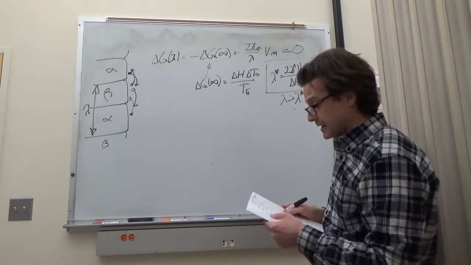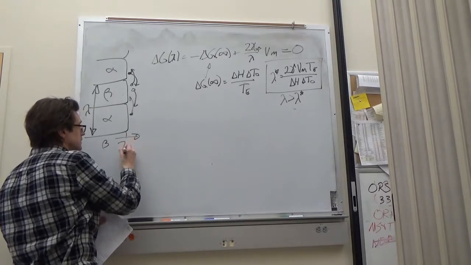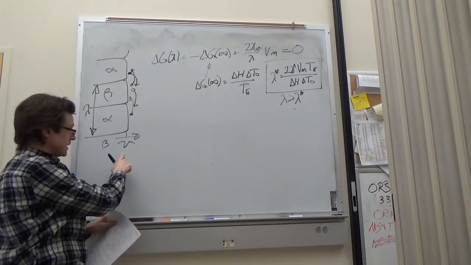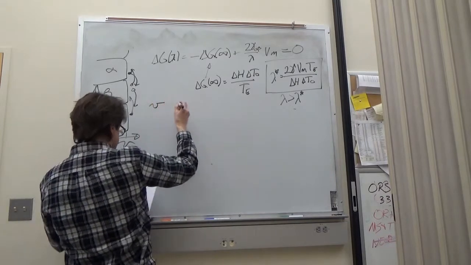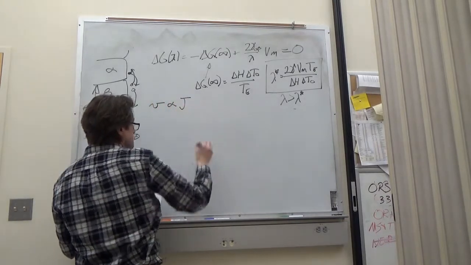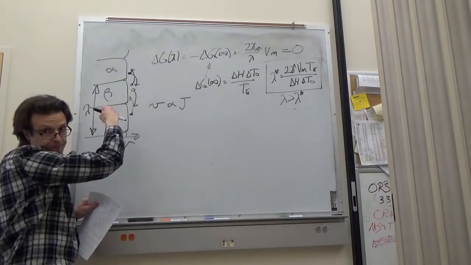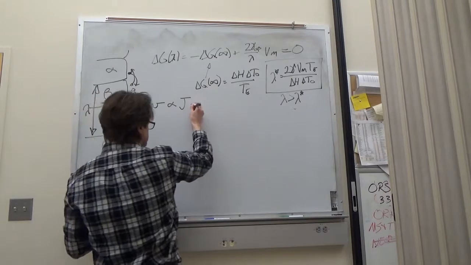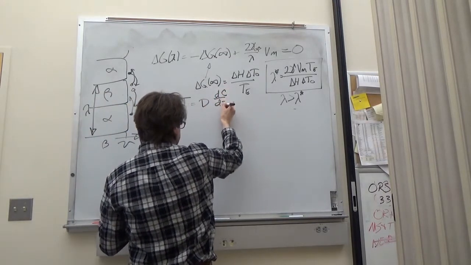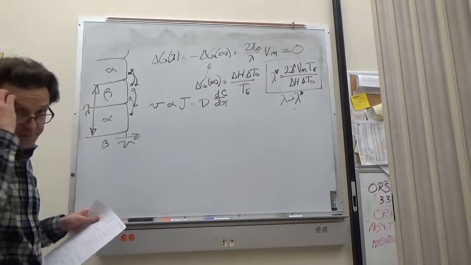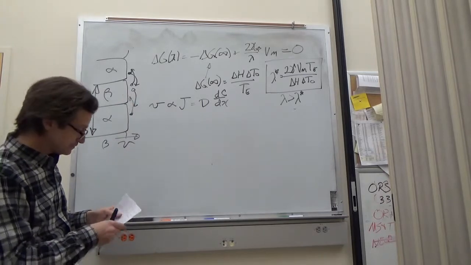So talking about the kinetics, we have this solidification front advancing with some velocity, and the velocity is going to be proportional to the flux of atoms lateral to the surface. And that's going to be equal to the diffusion coefficient times dc/dx, where that's the concentration gradient that is, again, lateral to the surface.